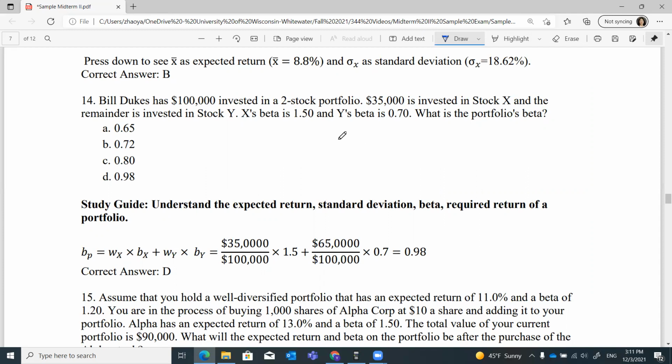What is the portfolio's beta? Remember, portfolio's beta is the weighted average of betas of component assets.